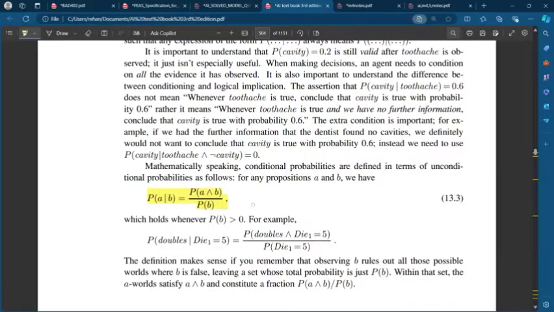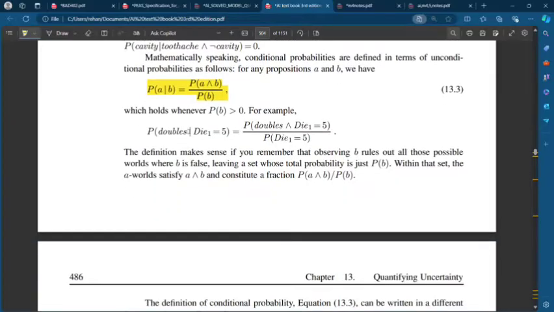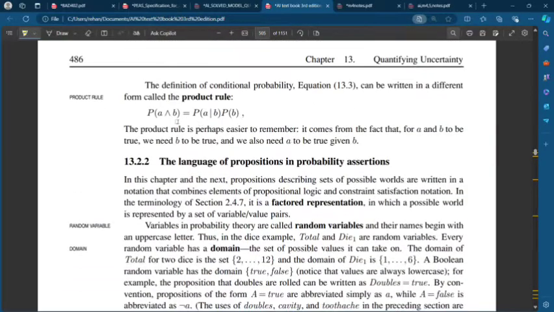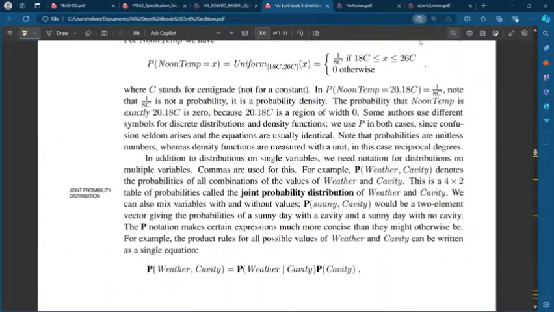Okay, two things. And then this is one normal thing, if you want to remember it, it's simple: P of A given B is equal to P of A and B divided by P of B. This actually comes under problem solving. It's important for the topic of marginalization and normalization. I'll talk about that later.